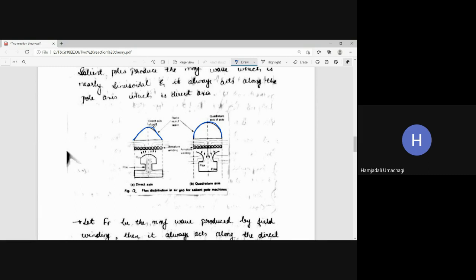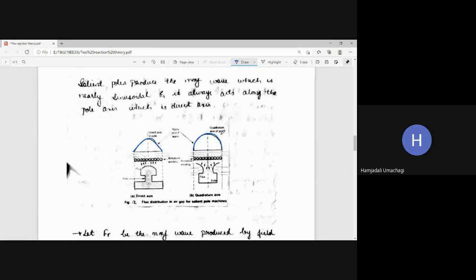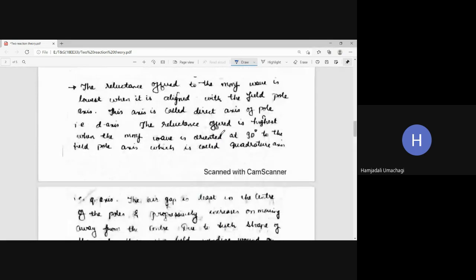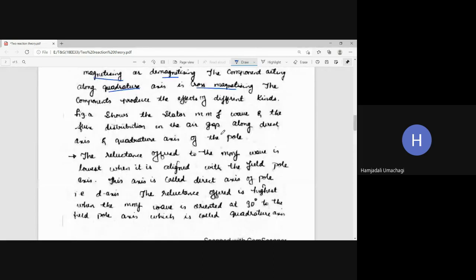Along the direct axis it is near sinusoidal, but along the quadrature axis it is non-sinusoidal or unsymmetrical. Figure A shows the stator MMF wave and the flux distribution in the air gap along the direct axis and quadrature axis of the pole.